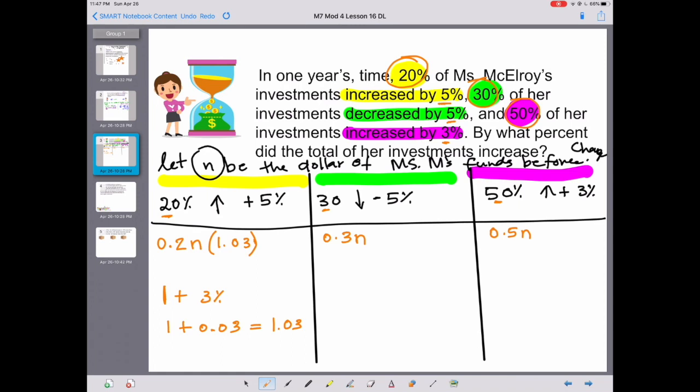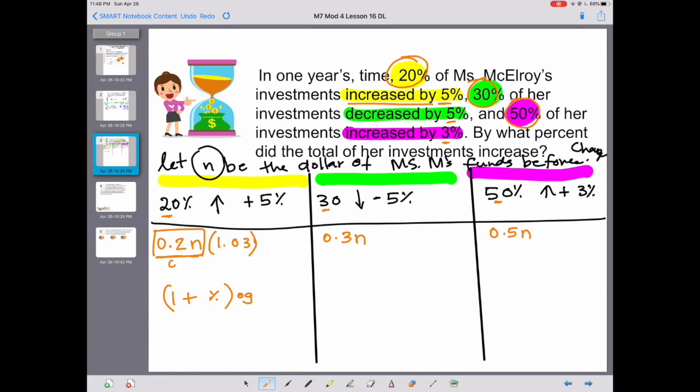So let's go back again to figure out how we got that, because you have to do this in your Edulastic assignments. 2/10 and n is the whole amount. 20% of n gives me this part of the expression. And if I have an increase, I have to do 1 plus percentage change multiplied by the original.